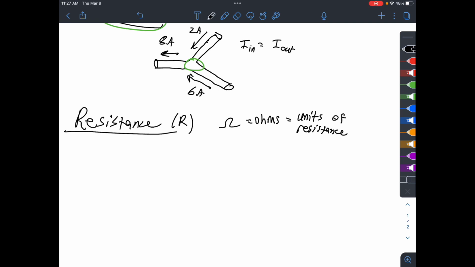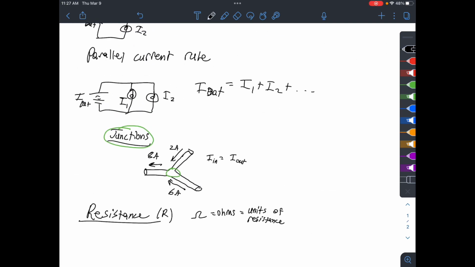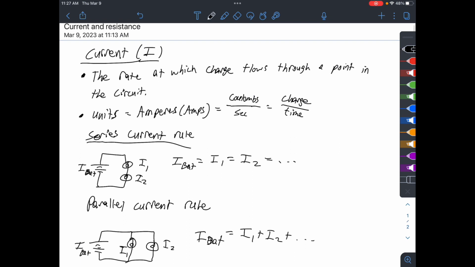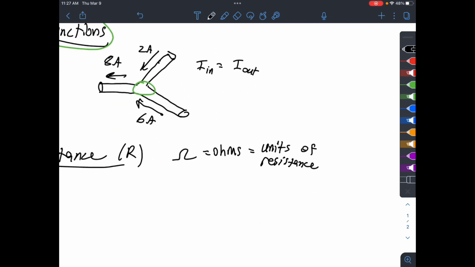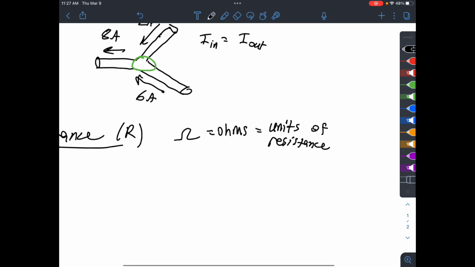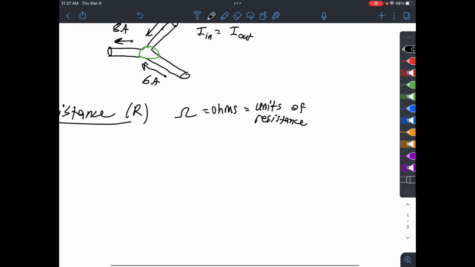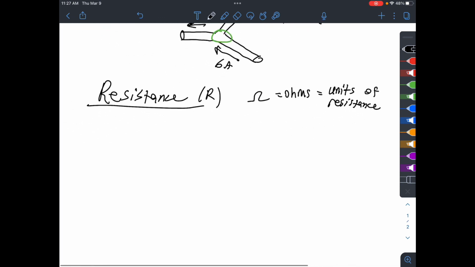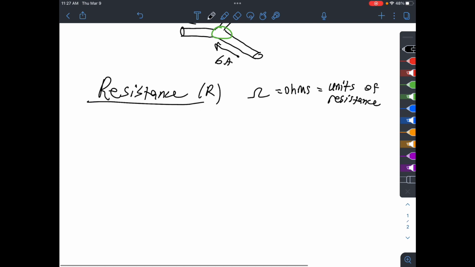And there isn't really a breakdown for this like there was before, where we had coulombs and per second and stuff like that. It's just ohms, and resistance can depend on a few things, and that's why that unit is a little bit ambiguous.